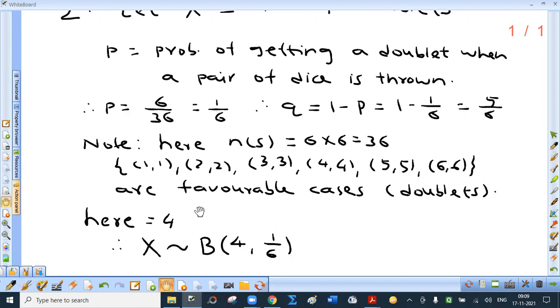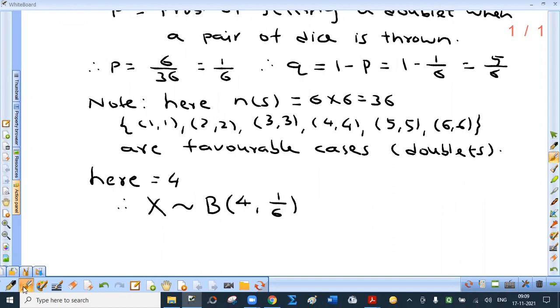And after this, you have to say the PMF, probability mass function of random variable x is given by, you have to mention this.